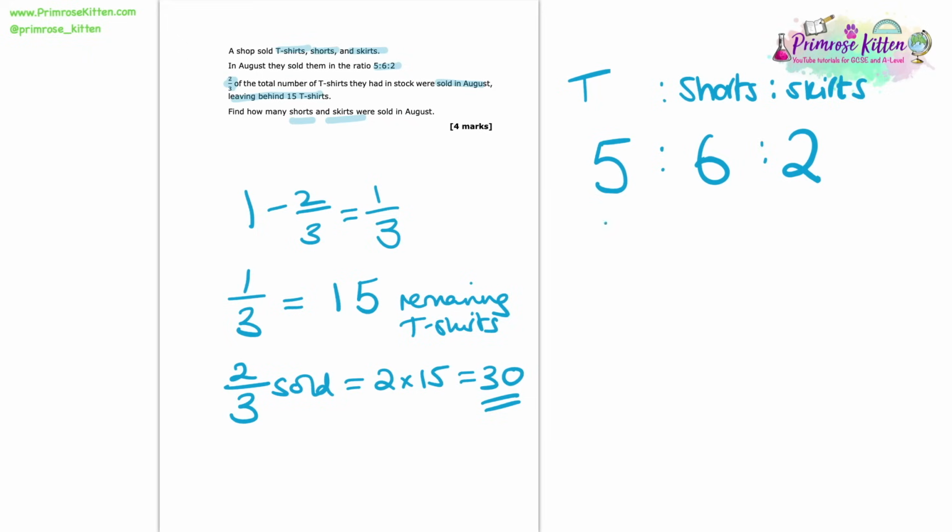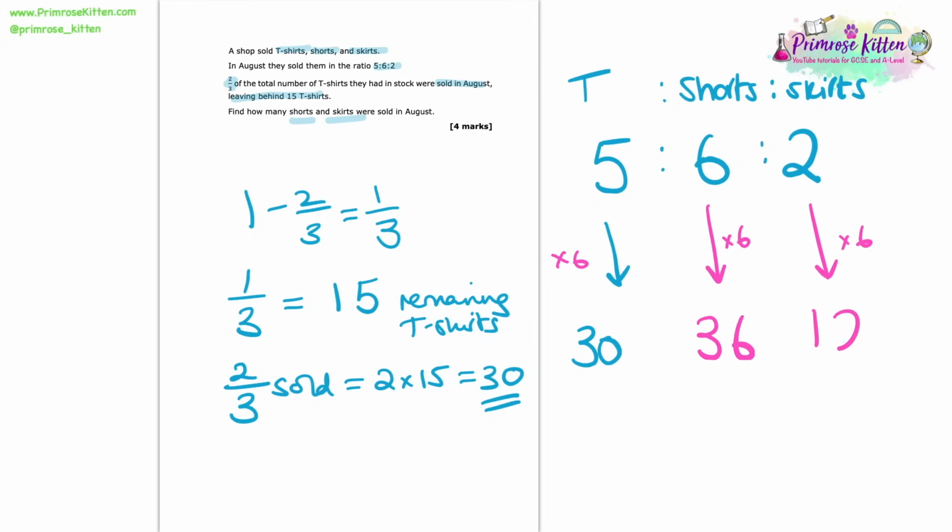So that means that the 5 parts of the ratio for the t-shirts equals 30. Now if we did 5 times 6, that's how we got to that 30. So if everything else in this ratio we also multiply through by 6, we will find out the number of shorts and skirts sold in August. So here I find that we had 36 shorts sold and 12 skirts sold. And that there is our answer.